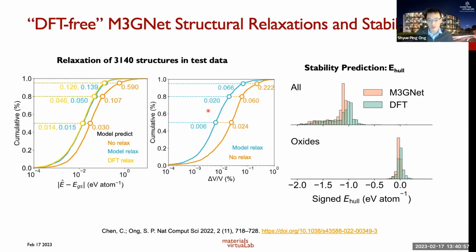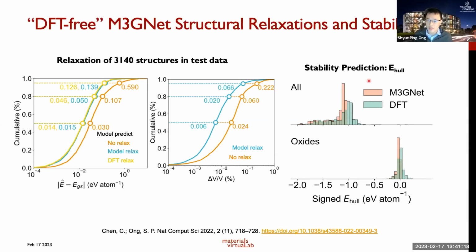Okay, so in other words, in terms of relaxing the crystal structure, we are doing extremely well, right? In terms of energies, as I mentioned, we actually get energies within about 30 to 40 meV per atom of the ground state for most of the structures. So very, very good, right?